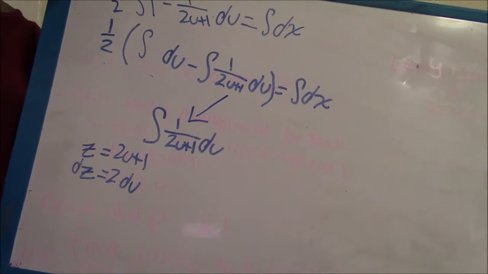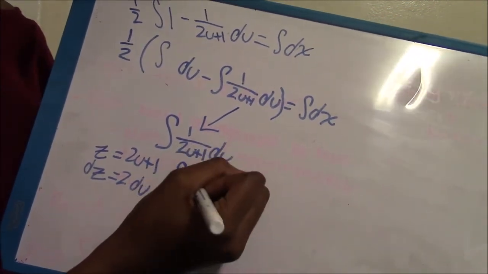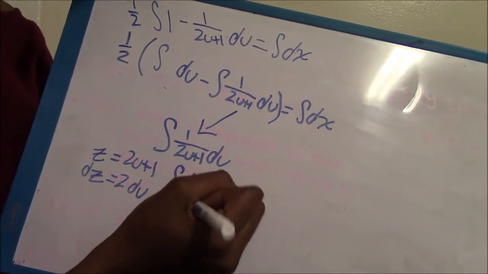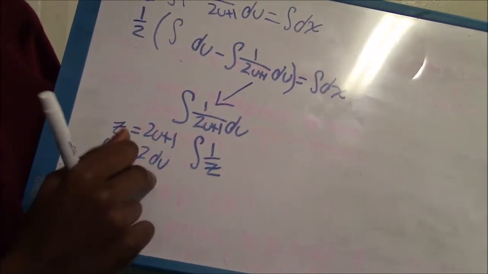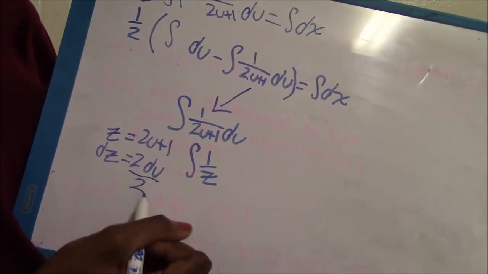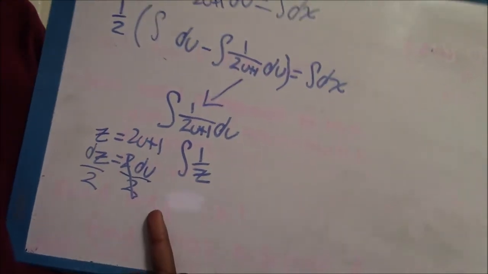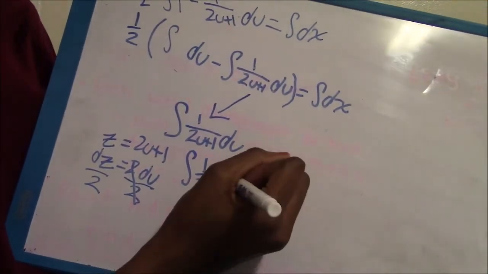So looking at this, I know I can replace this with 1 over z. And I know that I can replace du with what? We don't know yet. So if I want du by itself over here, I divide both sides by 2. And so I know now that du is dz over 2.